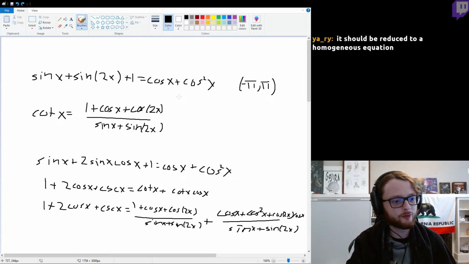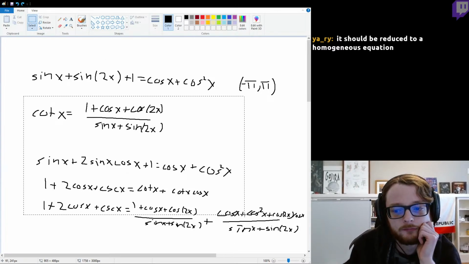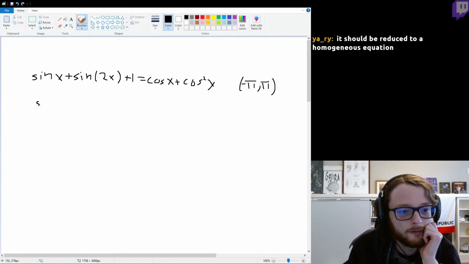Should be reduced to a homogeneous equation. We can do that. Do you just mean like subtracting everything over?